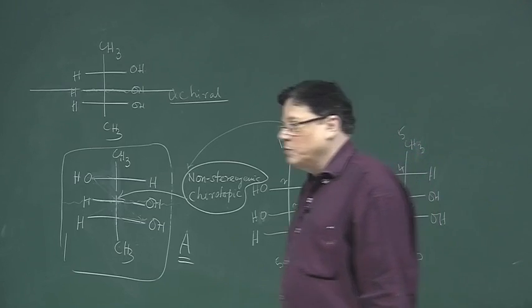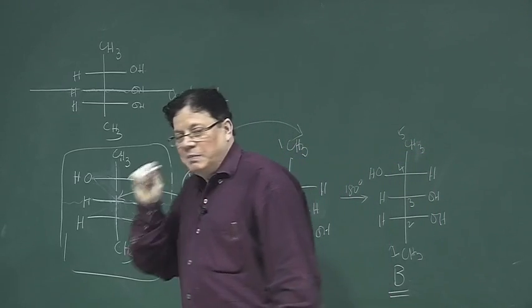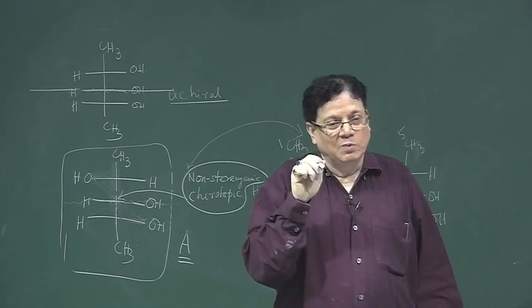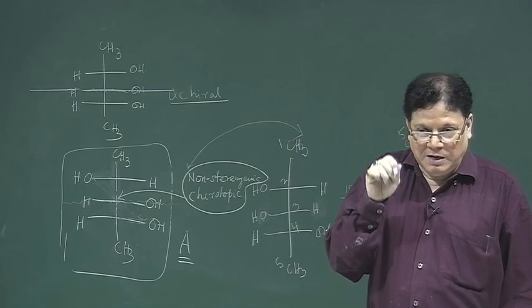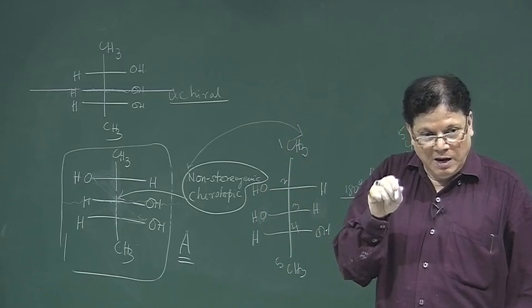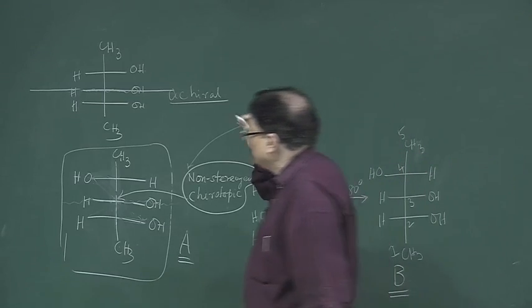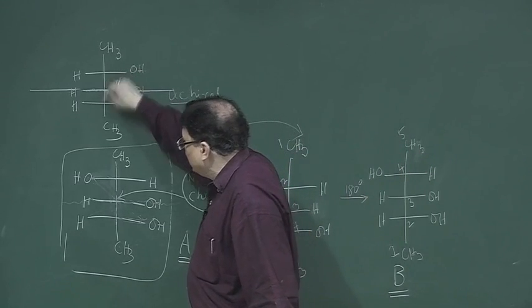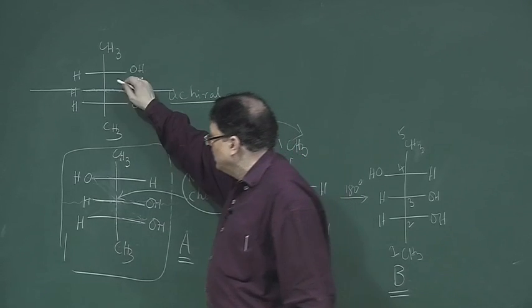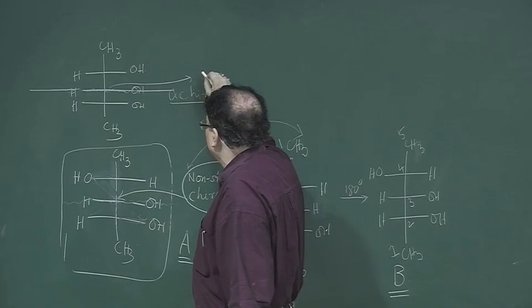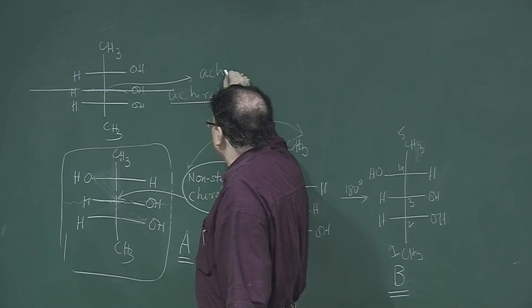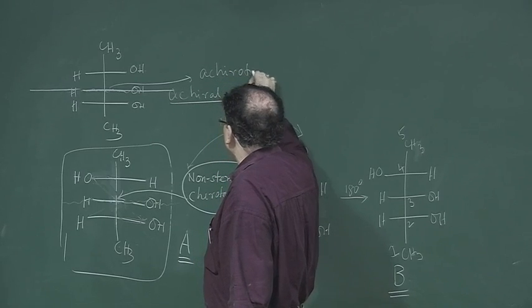If an improper element of symmetry passes through a carbon, improper meaning inversion center, sigma and S, and in this case we are talking about sigma, passing through the middle carbon, then this carbon is an achirotopic carbon, that means it is not chirotopic.